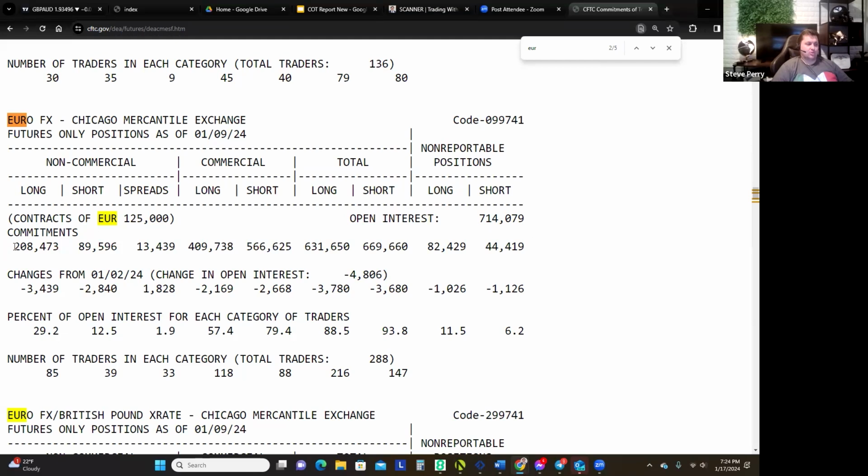So it's a much larger bias to be buying the euro than it is to sell it. We do monitor this, but when these guys shift on a week to week basis, we don't necessarily see a big move in the market.